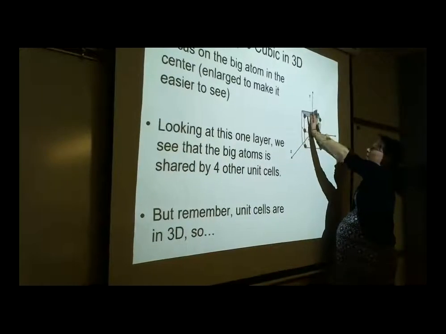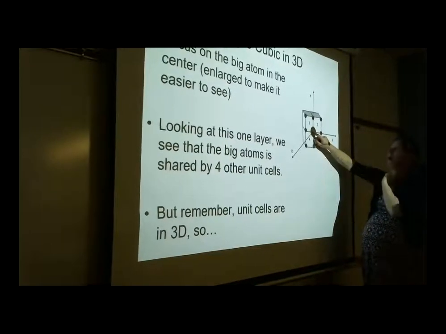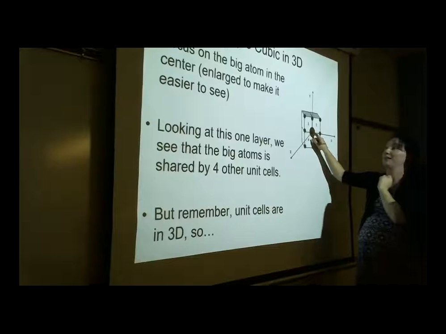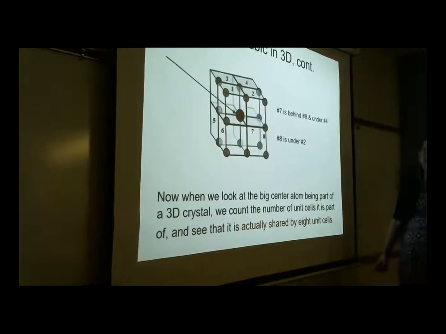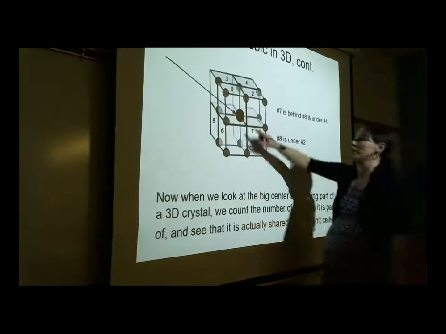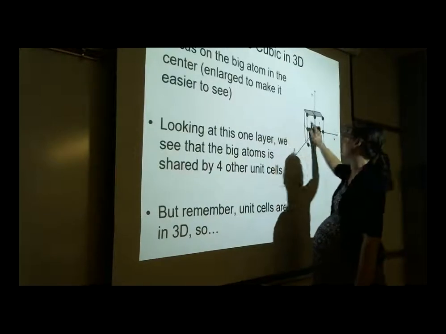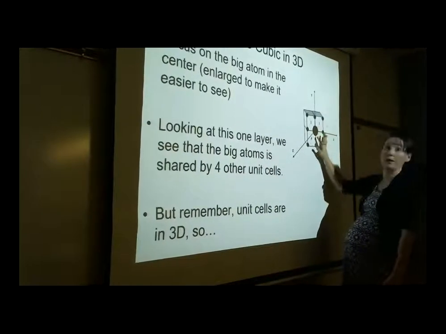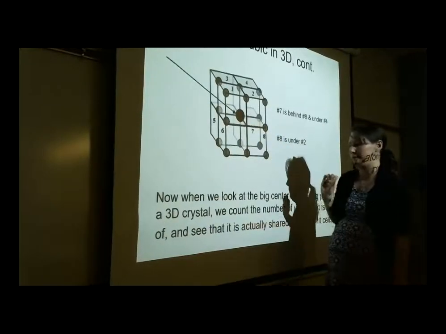No. But if there's another layer in front of this, would this corner be part of those 4 unit cells? Yes, it would. Again, I tried to do my best using my word processor here. If you're on a corner, you're part of those 4 that I just showed you, and then when you put another layer on top of that, you're also part of those 4.